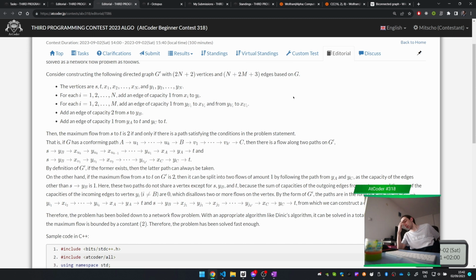Yeah, because you have this limit on the edges in the sink.